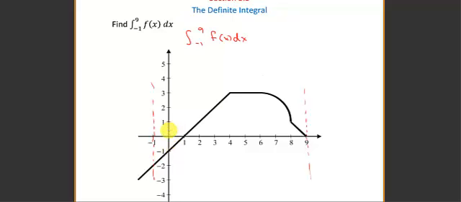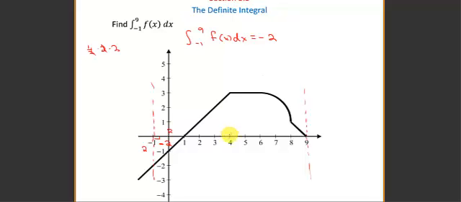So if I look at this, there's a right triangle here that's below the x-axis. The base and the height are 2, so the area would be 1/2 times 2 times 2, which would just be 2. But now remember that this is below the x-axis, so the definite integral would treat it as a negative number. So we have -2 here.